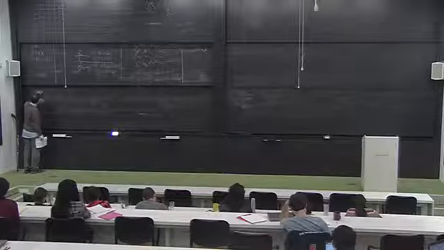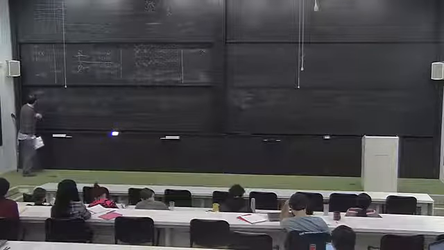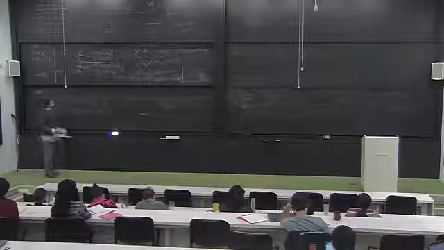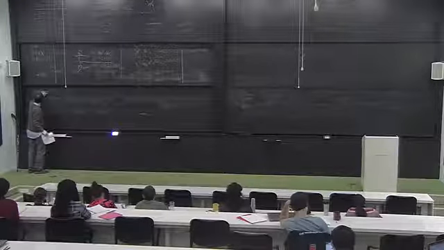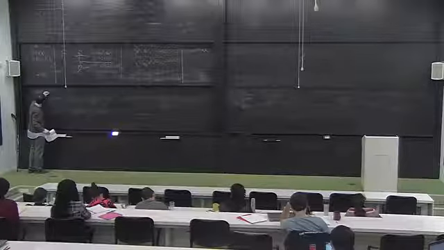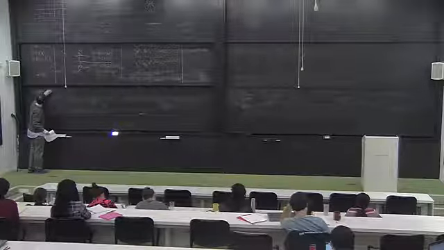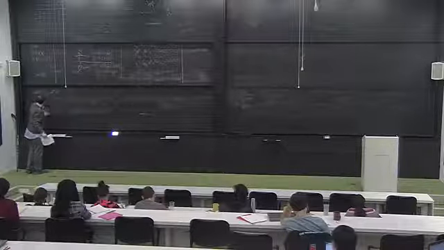I get ds squared is... I get the first n terms in the metric. The first n terms in the metric are unchanged because they didn't involve xn+1. So they're delta AB dxa dxb.